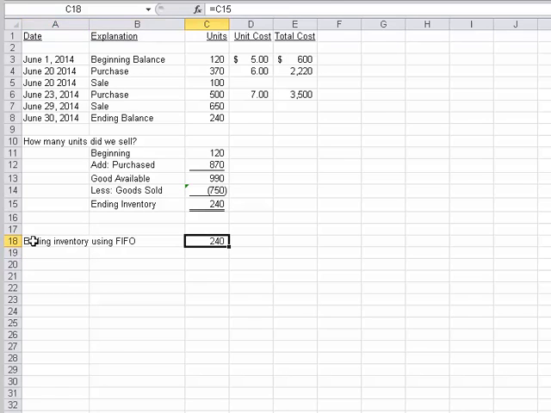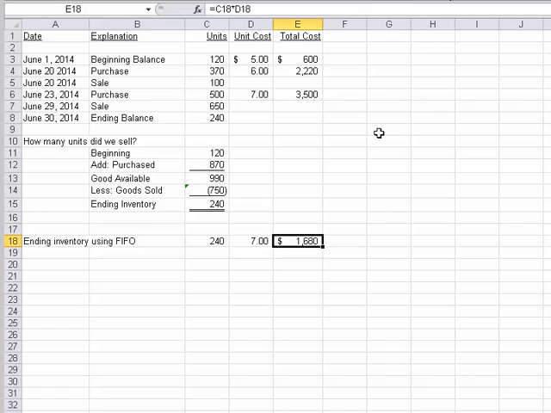The first one in is the first one out, so the last one we purchased is still on hand. Our purchase was 500 units, right? It's $7, so we know the 240 units of those 500 are still on hand. So now I know that my ending inventory is 240 times $7. My total cost or value of the ending inventory is $1,680.